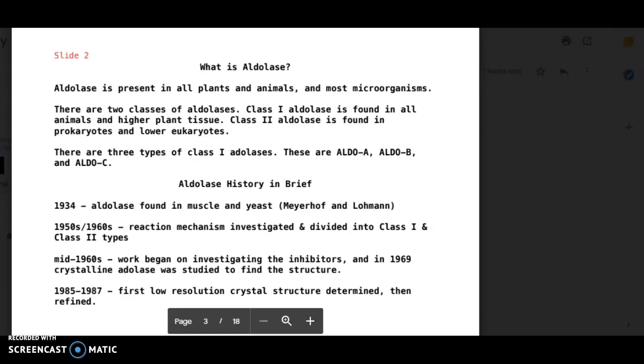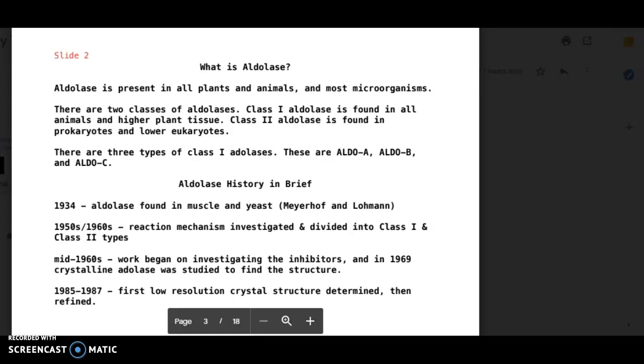The class 2 aldolases are found in the lower animals, the prokaryotes and the lower eukaryotes, and require the bivalent metal cofactor. There are three types of class 1 aldolases. Type A, the major form, is found in the muscle. Type B is in the liver and kidneys, and type C and A is found in the brain as well.